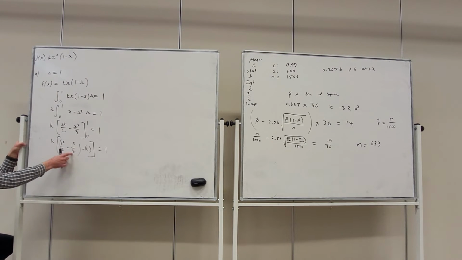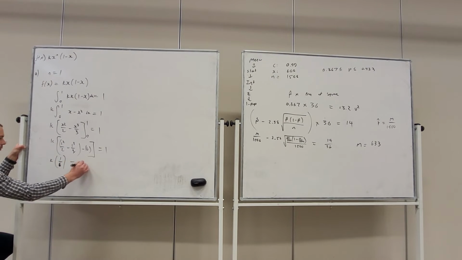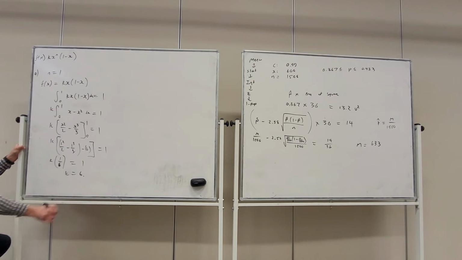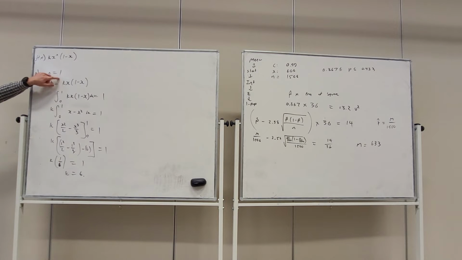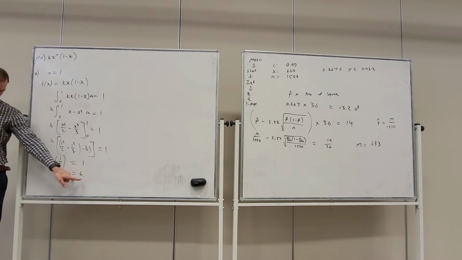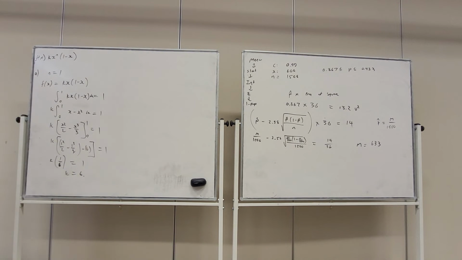And you can do that kind of thing in your calculator. You don't have to do those fraction operations manually. So we have k times 1 on 6 equals 1, so therefore k is 6. So in the circumstance when n is 1, the value of k being 6 is going to make it a valid probability density function.